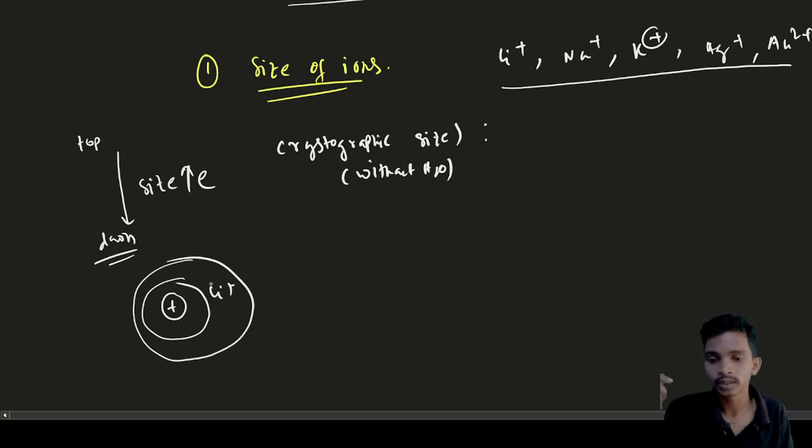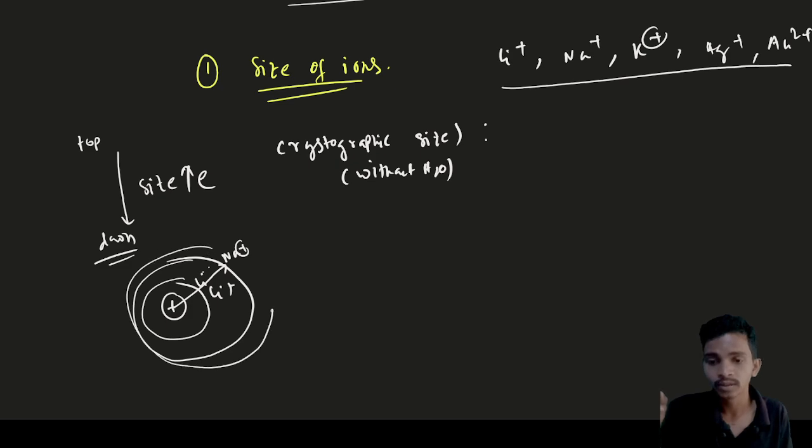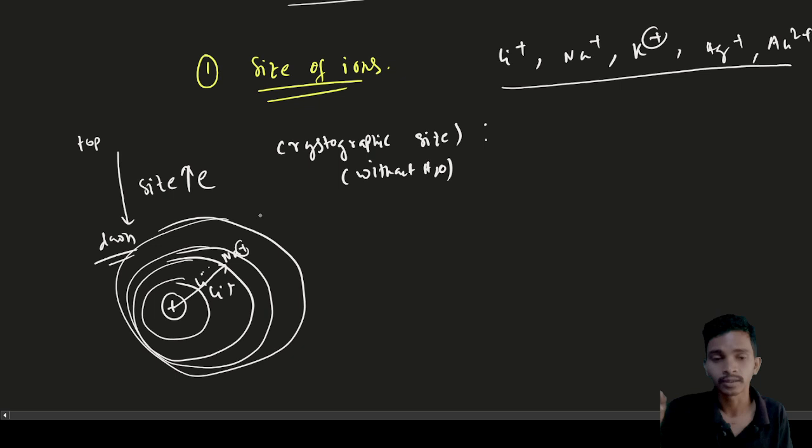So like this, the distance between the nucleus and the outer electrons increases, so the size increases. While moving down the group, another layer is added, and the size increases from the nucleus outward. So from top to down, size increases.